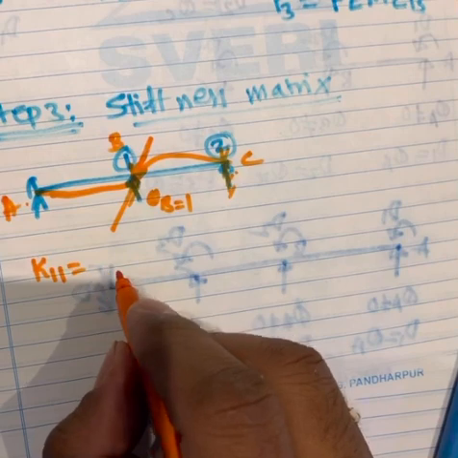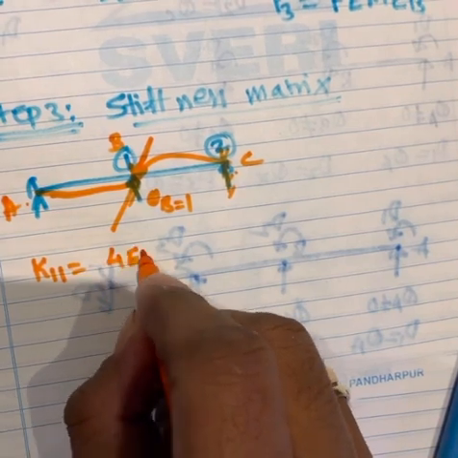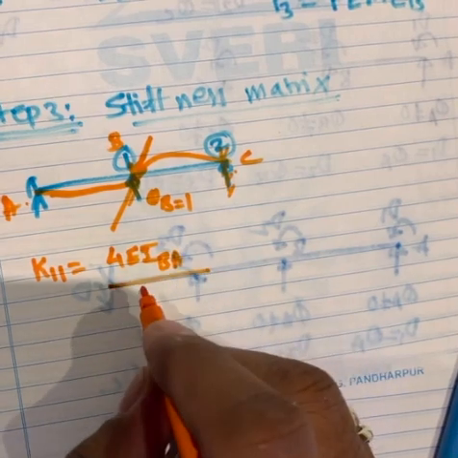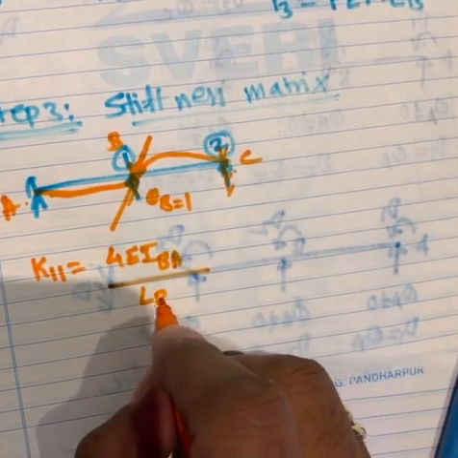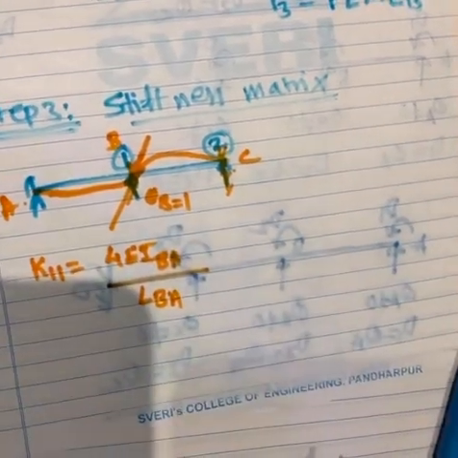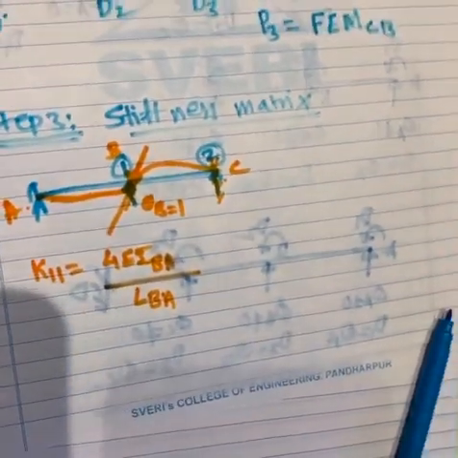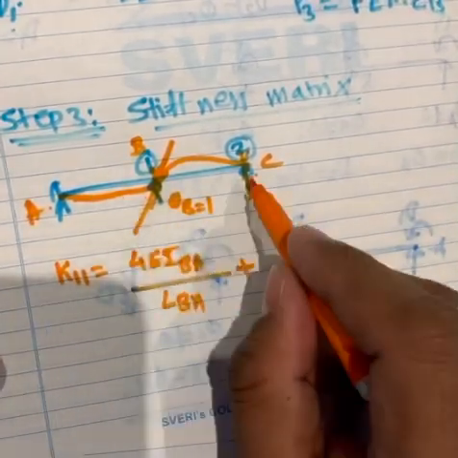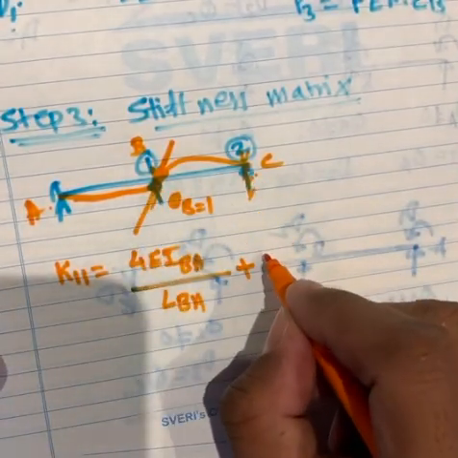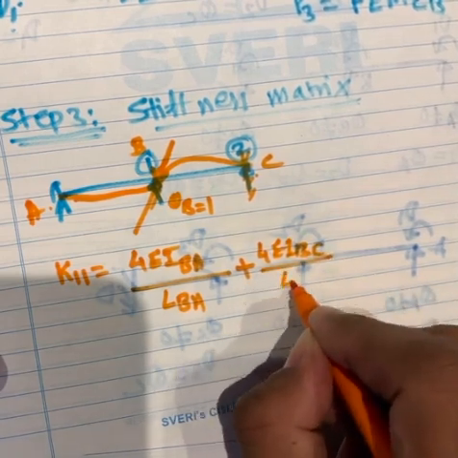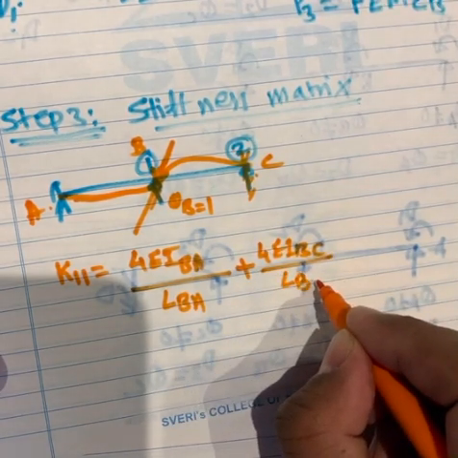So it will become 4EI BA divided by L BA, plus the other side, again 4EI BC divided by L BC.